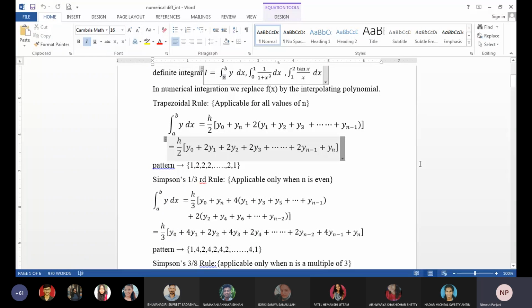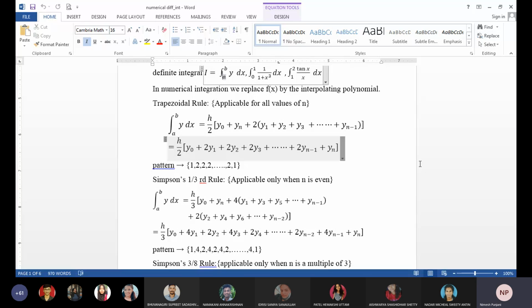So Simpson's 1 by 3 formula is h by 3 y0 plus yn plus 4 times y1 plus y3 plus y5 and so on plus 2 times y2 plus y4 plus y6 and so on. This is the general formula. If you simplify it, that means open the brackets, you get h by 3 y0 plus 4y1 plus 2y2 plus 4y3 plus 2y4 and so on.